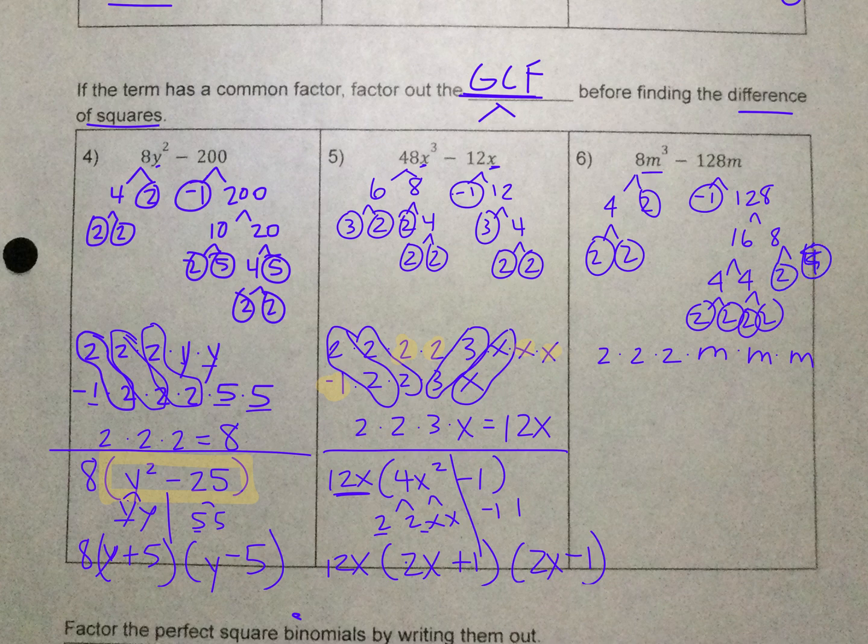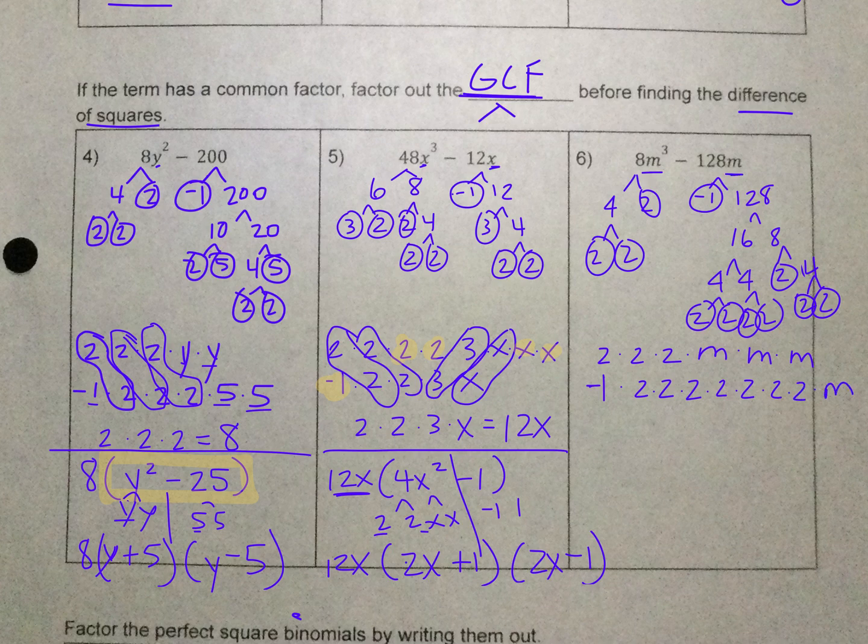Oops, didn't mean to circle that. 2 and 4, and 4 is 2 and 2. Okay, so negative 1, and then I have 1, 2, 3, 4, 5, 6, 7 2's, and an m.